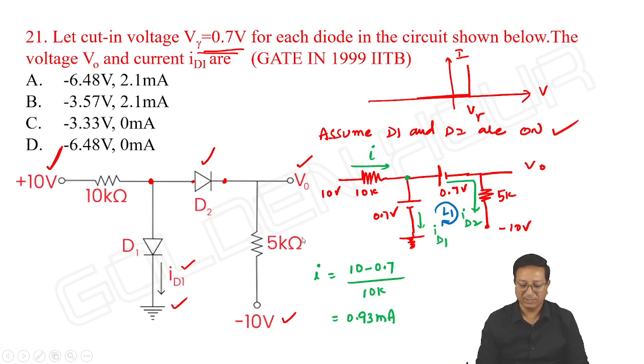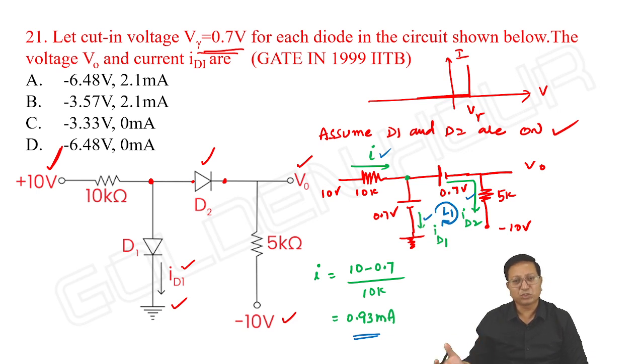Then what about ID1? I is equal to ID1 plus ID2. I value is found to be 0.93. ID1 and ID2 are positive, so ID1 plus ID2 also should be positive. It should be greater than either of ID1 or ID2, a very simple common sense point.